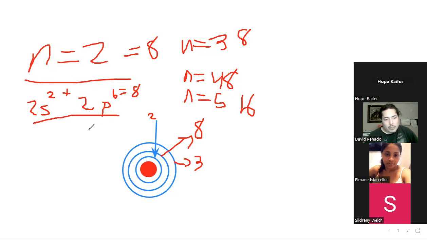And which element is this? Oxygen. It has a valence of 8.